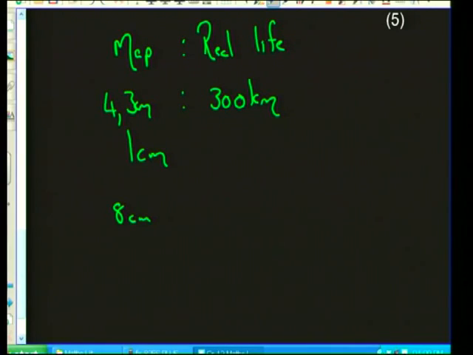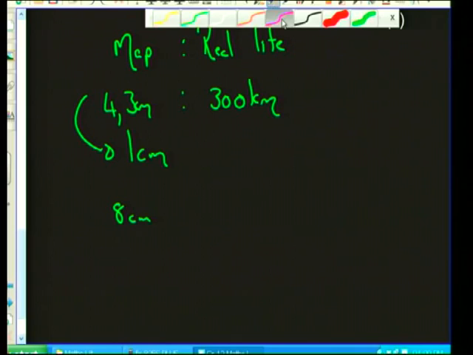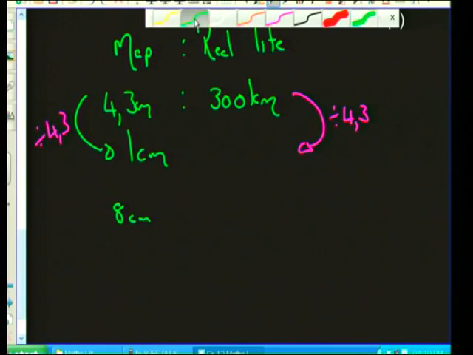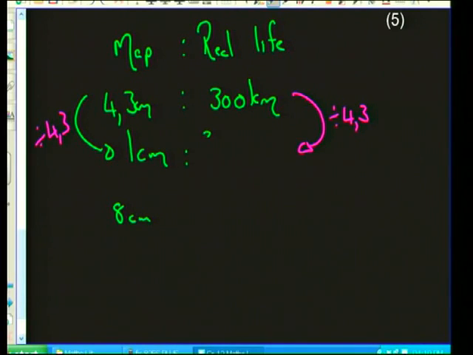Now, how did I get 4,3 to being 1? I divided that by 4,3. So what am I going to do to the side? Also divide by 4,3. So now what do I have? Well, I've got 300 kilometers divided by 4,3.